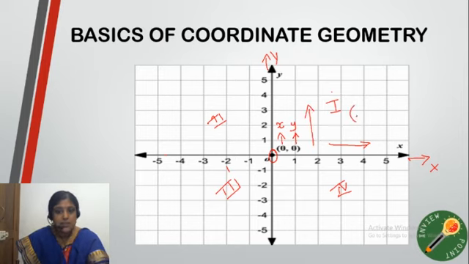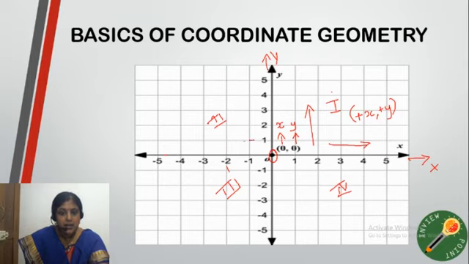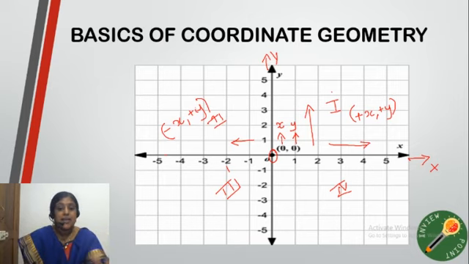So if you represent points in the first quadrant, they will have x and y coordinates as positive values. If you consider the second quadrant, the values of x will be what? Negative. And the values of y will be positive. So this is how you represent any point in the second quadrant.